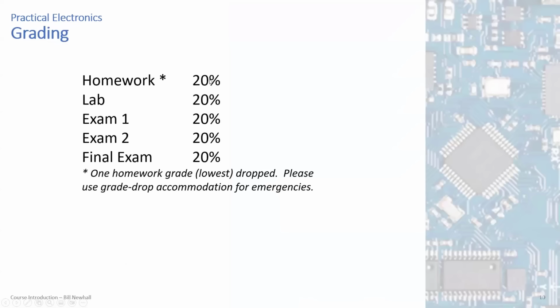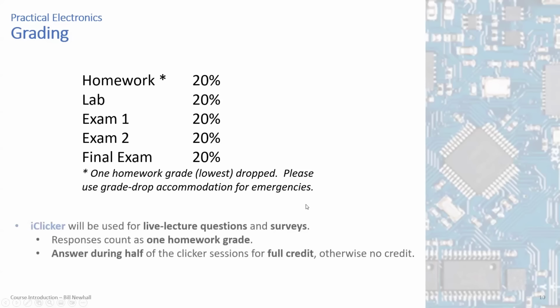Okay, so for grading, homework is 20%, labs 20%, and each of the 3 exams 20%. One homework grade will be dropped. Please use that for accommodating emergencies. I know sometimes we have to miss lecture or assignments, so please save it for that.